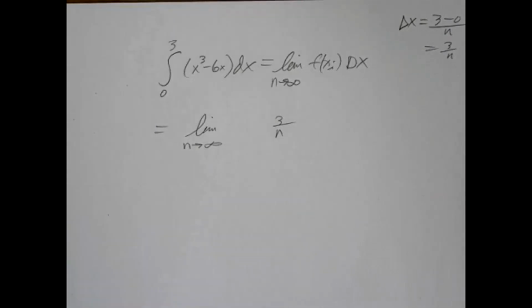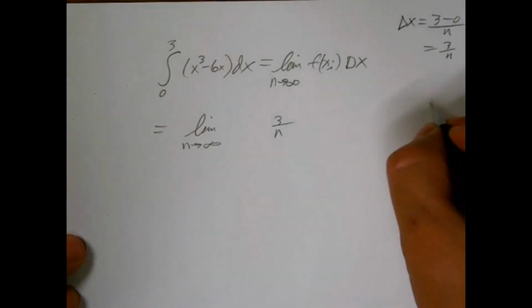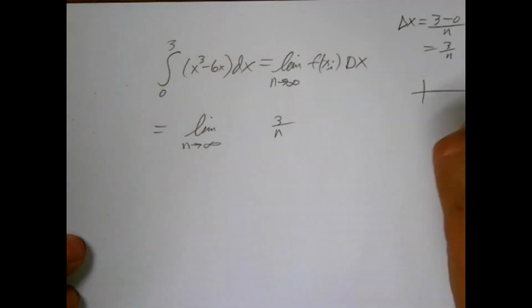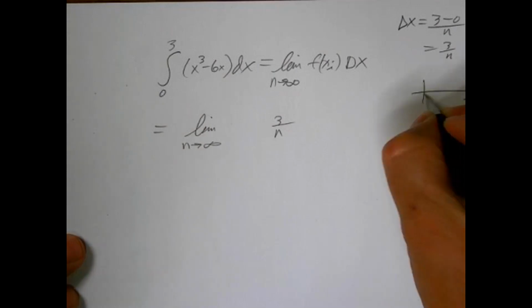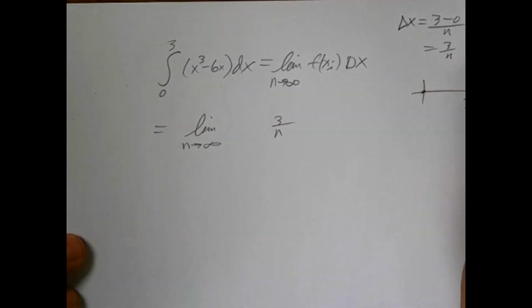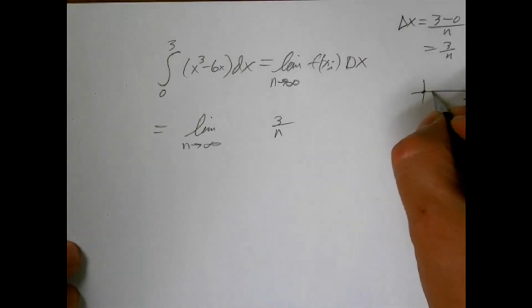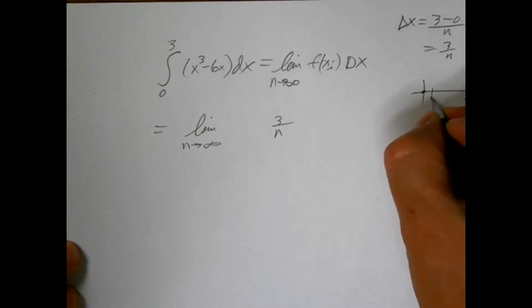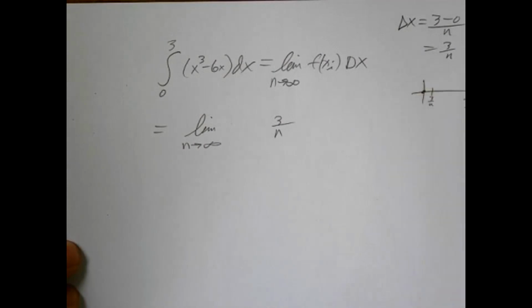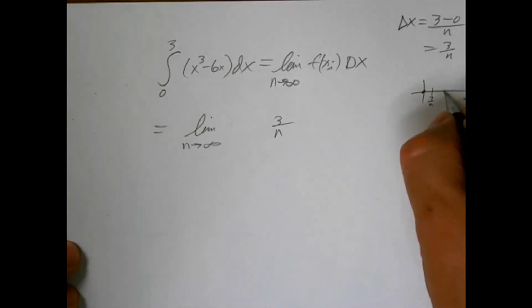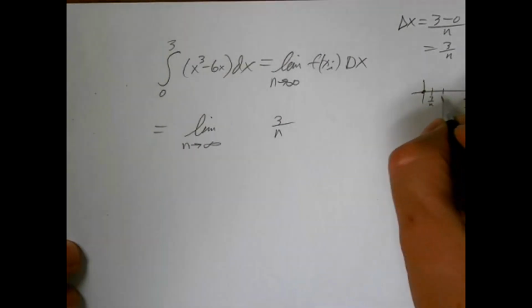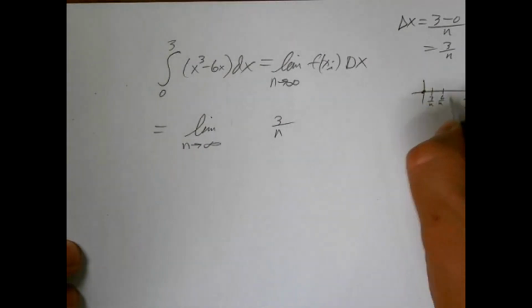Well, we will start at 0. If you imagine your little intervals, here's 0, we're going out to 3. We start at 0 and we step over a distance of 3 over n, and then 3 over n again, which would put us at 6 over n, and then again and again.